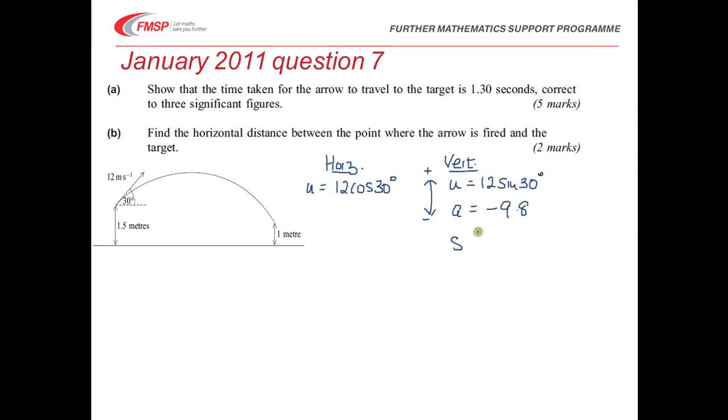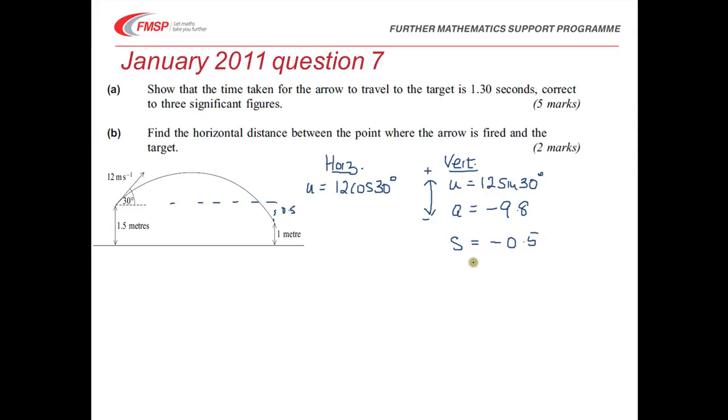That also means, if upwards is positive, then s, the displacement, just be careful, we are landing 0.5 metres below where it was projected, so that's going to be negative 0.5.